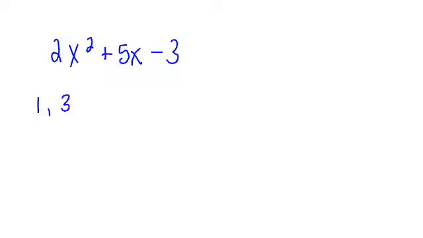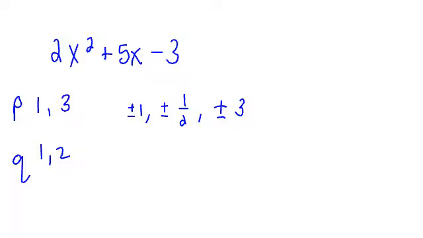So pretend that's your P, pretend that's your Q. Again, P is your last number, Q is your first. So your factors could be positive and negative 1. Also, positive or negative 1 over 2. That could be a factor. And positive or negative 3, because it's 3 over 1. And positive or negative 3 over 2.